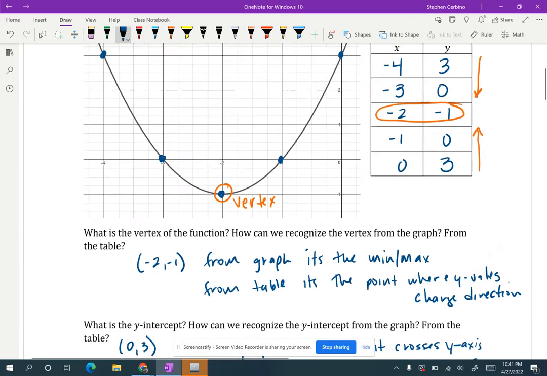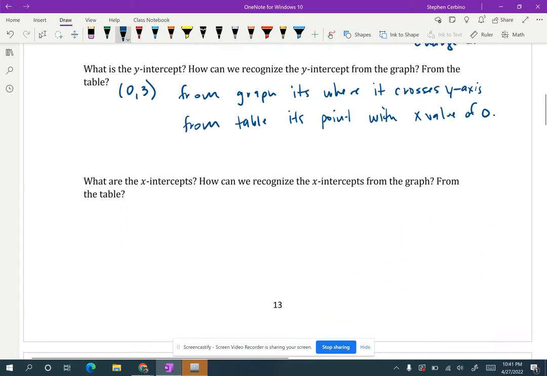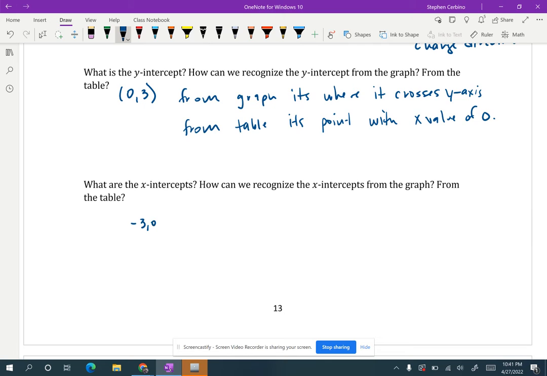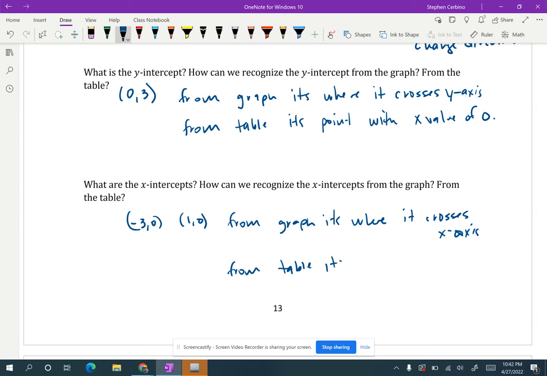What are the x-intercepts? Those would be (-3, 0) and (-1, 0). From the graph, it's where it crosses the x-axis. From the table, it's points with 0 for the y value.